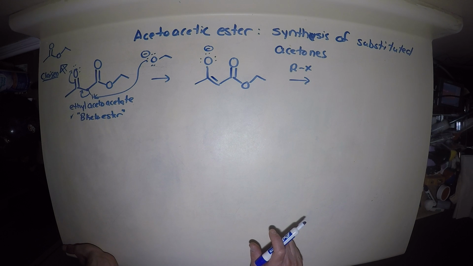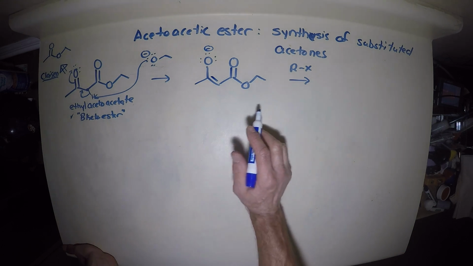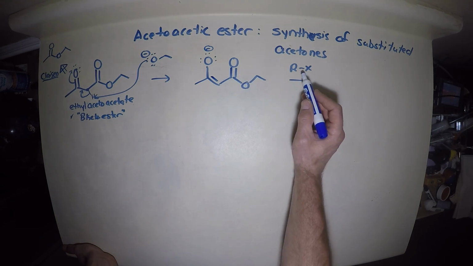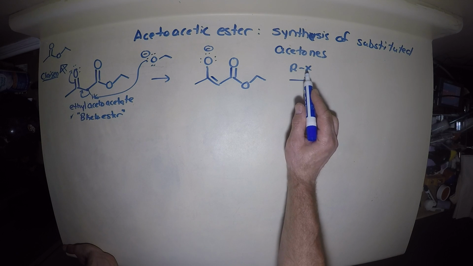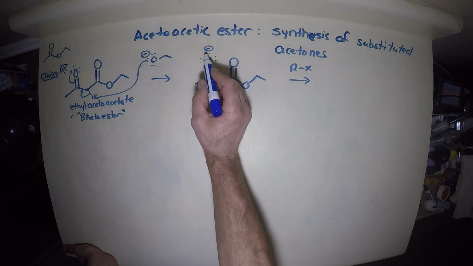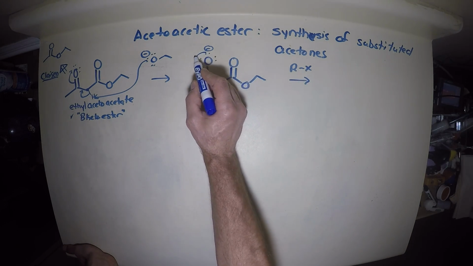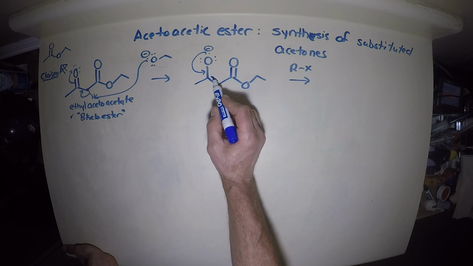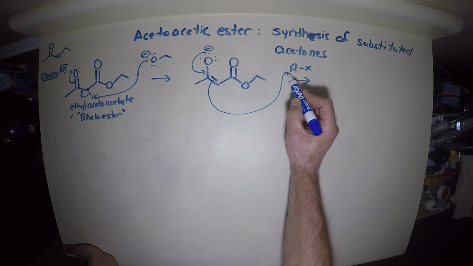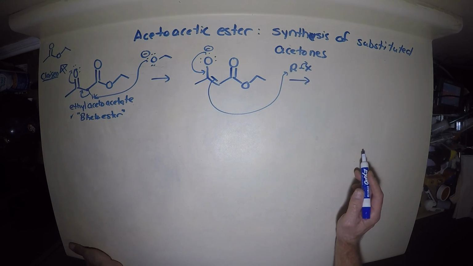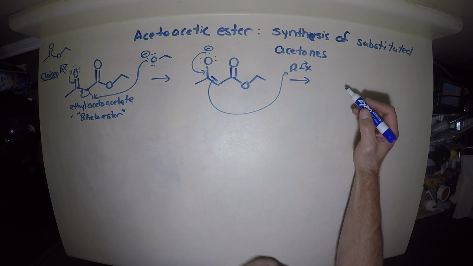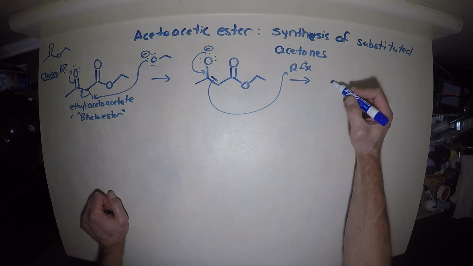The enolate, like all good enolates, is a good nucleophile, and with the right SN2-like halide, we can get the enolate to do a nucleophilic attack, displacing the chloride, resulting in an alkylated product.